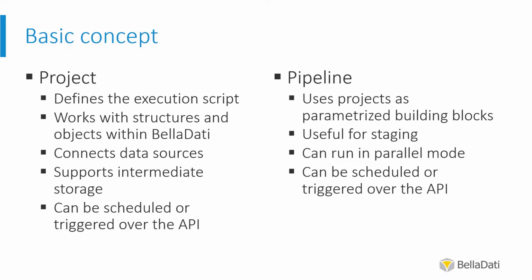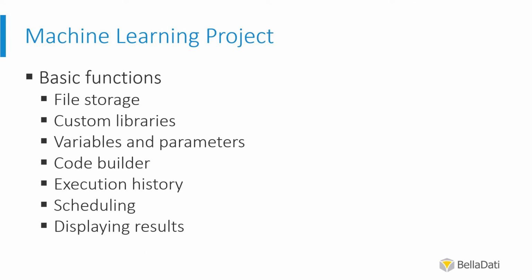Similar to a project, the execution can be triggered manually, through REST API, or automatically after each data change or at a certain time. Now let's go through the functionality of a project in more details. It has its file storage, and users can also upload and use custom libraries in the project.